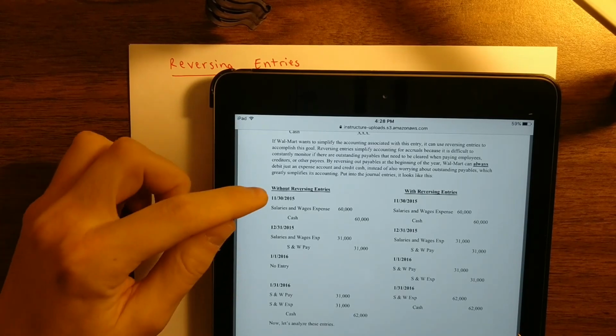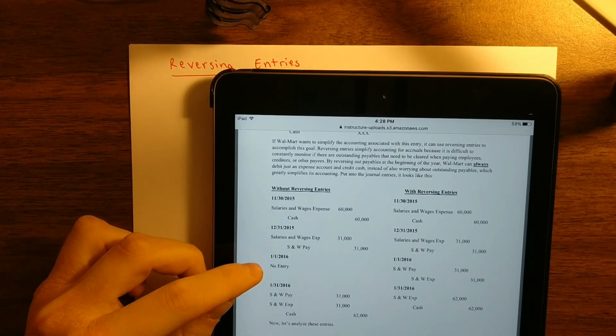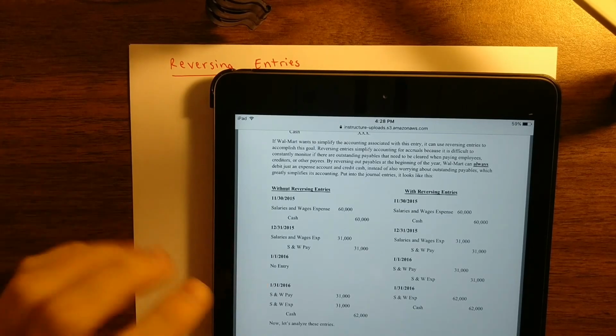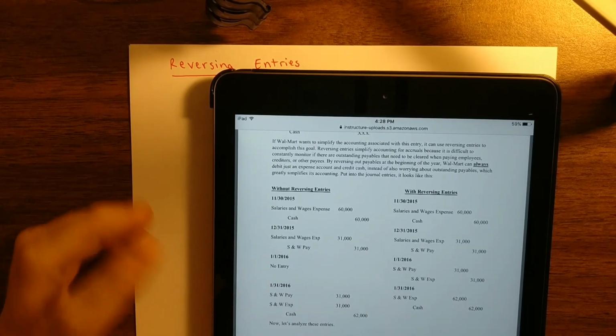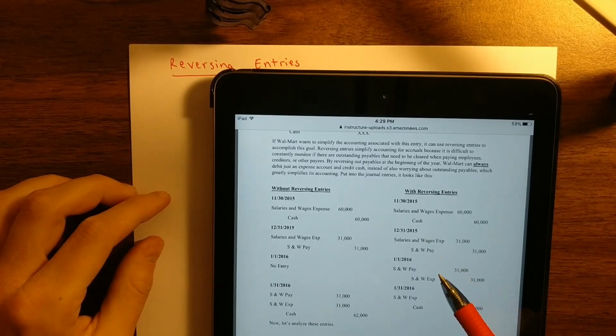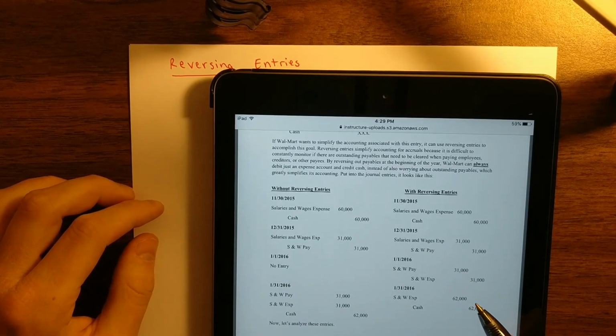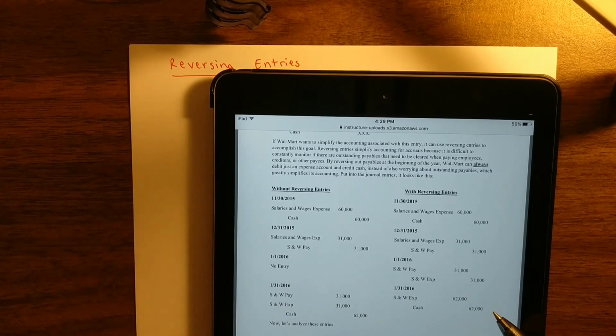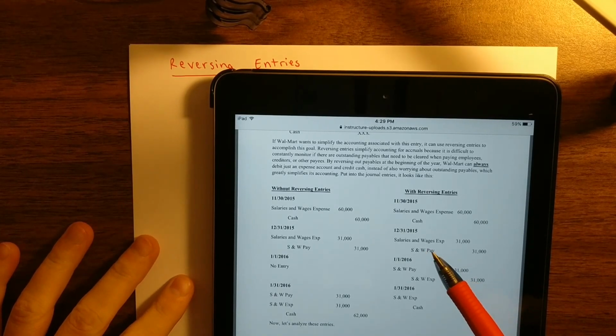Without reversing entries, there is no entry; we don't have to do anything on January 1st of 2016. But on the reversing entry side, we make the exact opposite entry of the one we made on December 31 of 2015. That's where it gets its name: whatever I debited, I credit, and whatever I credited, I debit.